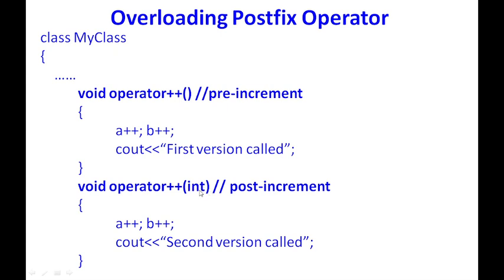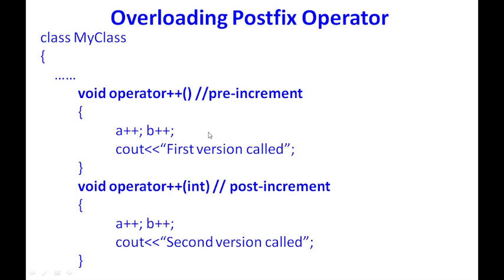The integer argument doesn't have any real meaning. Its only purpose is to tell the compiler that this version should be invoked for the post increment, whereas the one without an integer argument should be invoked for the pre increment operator. That is the way to differentiate pre and post increment operators.